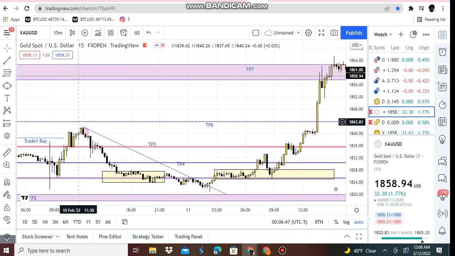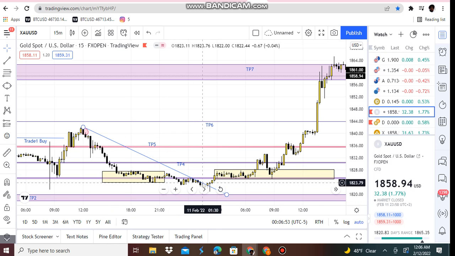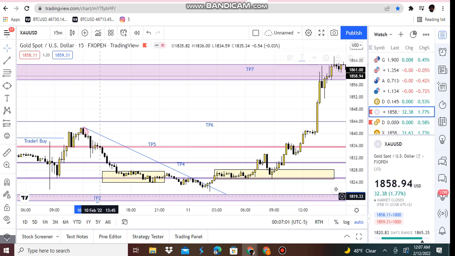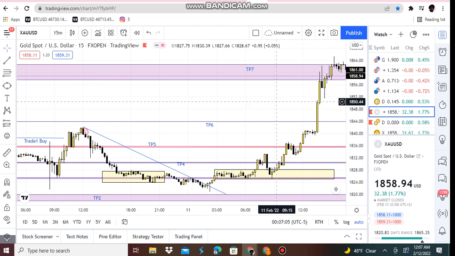Price got to take profit 5, made a higher high, then a higher low all the way back down to the take profit 2 area, and then a higher high back up to take profit 7.